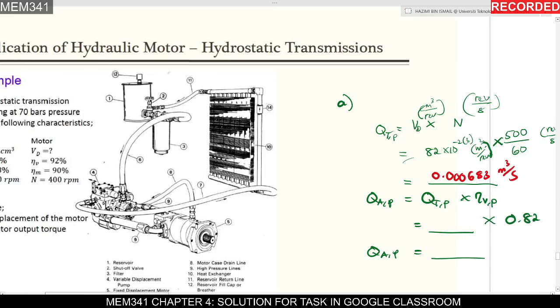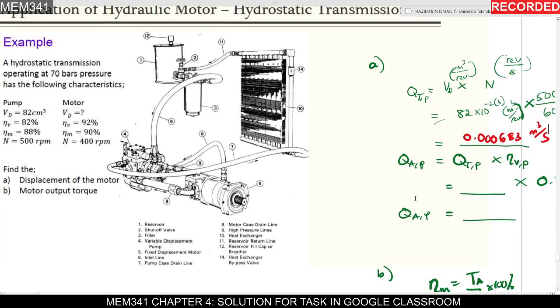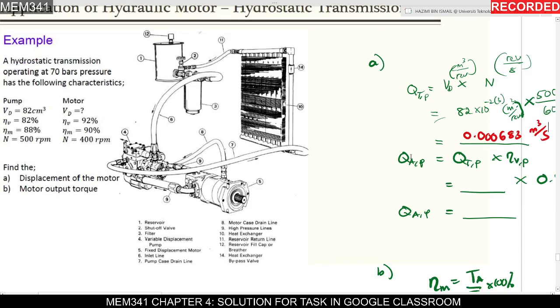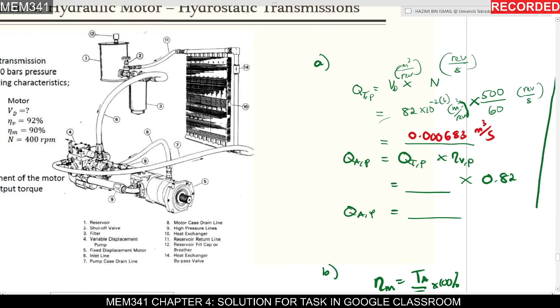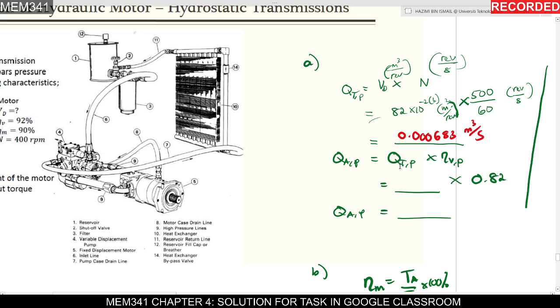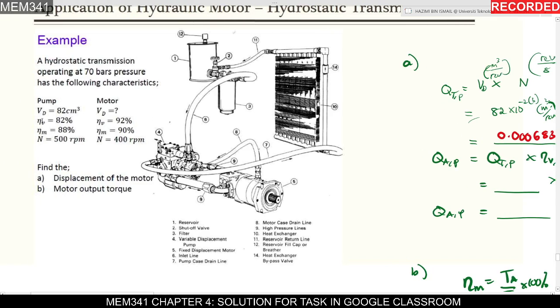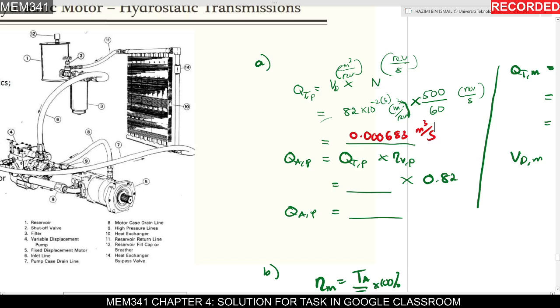Okay, and then I use the equation of QA actual, volume flow rate actual for the pump, equal to volume flow rate theoretical times the volumetric efficiency. NV is given here, 82%.